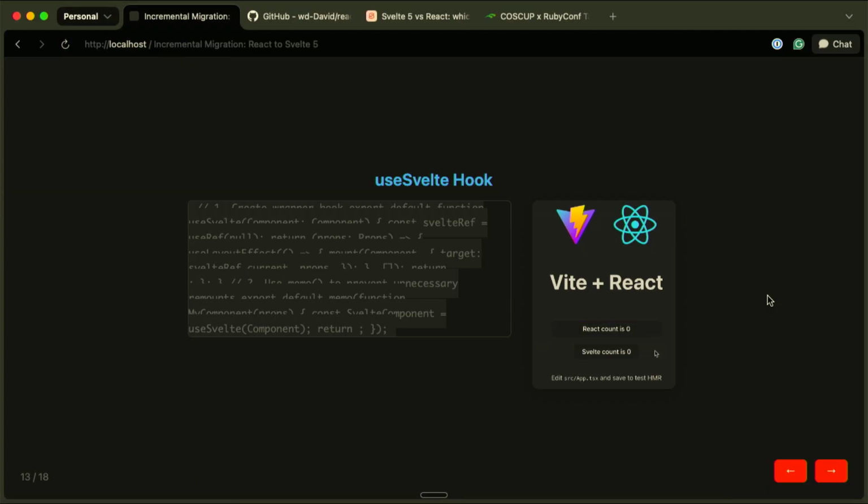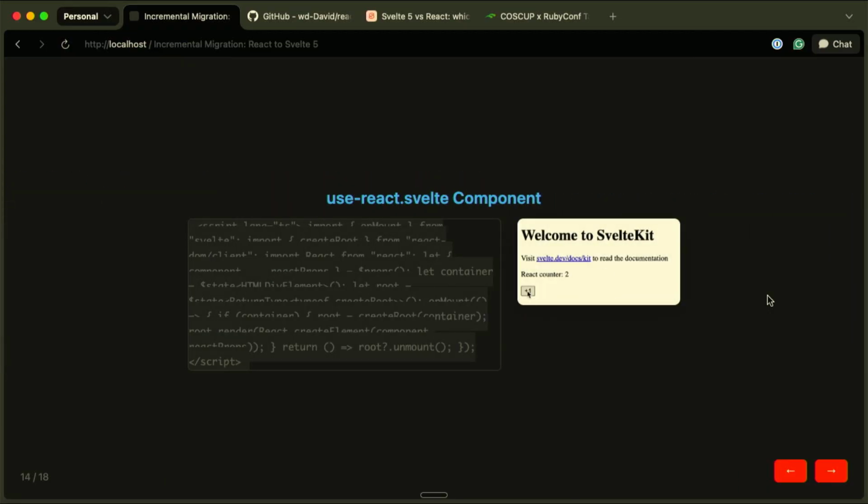Nothing special. And over here is a hook in Svelte, so you can easily put your React components over here. I know it's hard to read, so you can reach out to the GitHub repo I will provide later. You can see that this is Svelte, and the React components are over here.